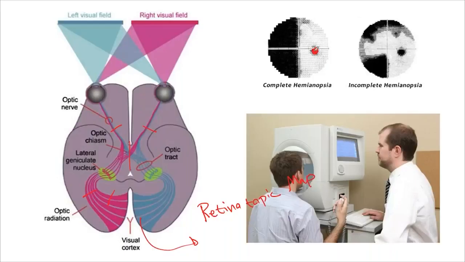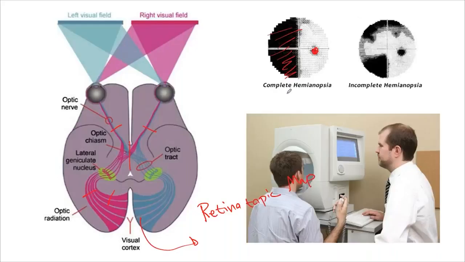Even in a normal person, if you test the eyes, in each eye you have a blind spot. So in the normal one, this part would be bright, but you still have that blind spot in one place, as you can see here. And based on the blind spot, you can tell whether it's the right map or the left map. So you can detect that.